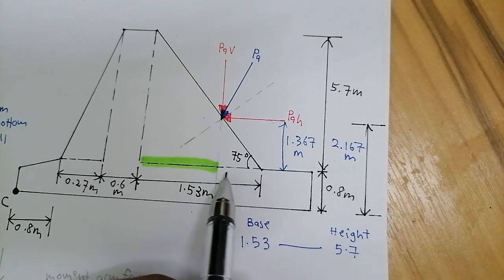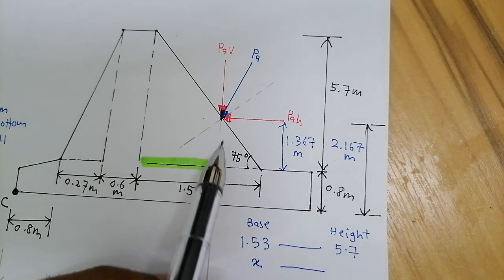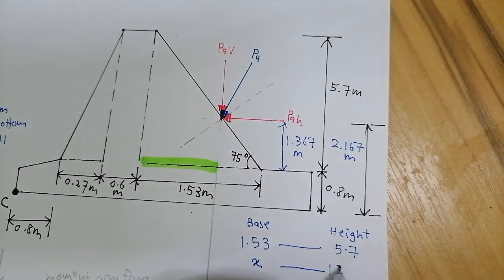Now this base, we want to know this base first. Okay, so we don't know this base in the length. So x, and the height is, what is the height just now? 1.367.